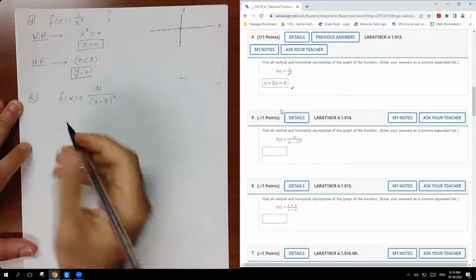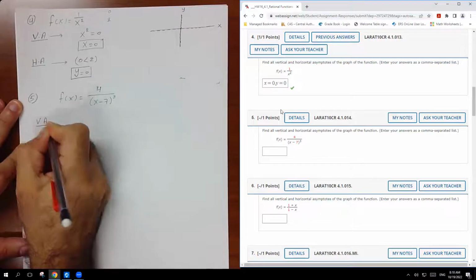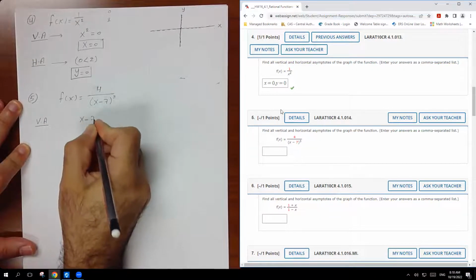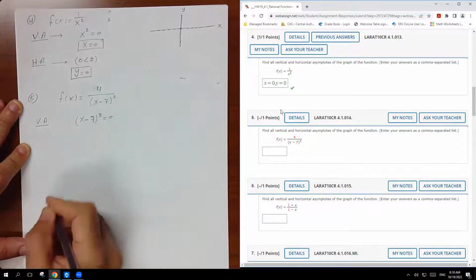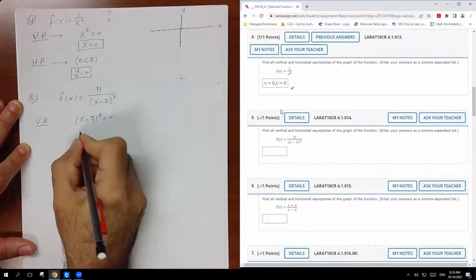The vertical asymptote: we're going to set the denominator equal to 0. So the denominator, which is x minus 7 cubed, equals 0. Now, how am I going to solve this one? I'm going to take the cube root of both sides.